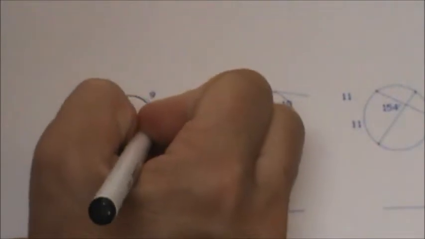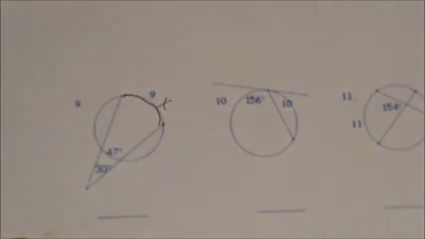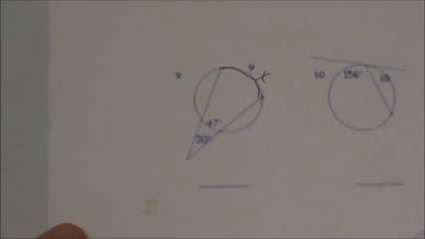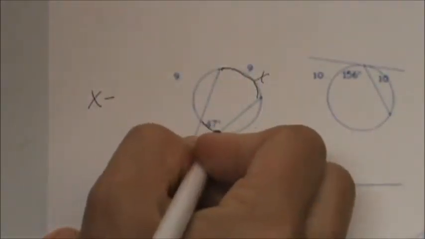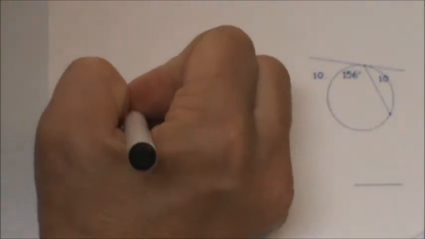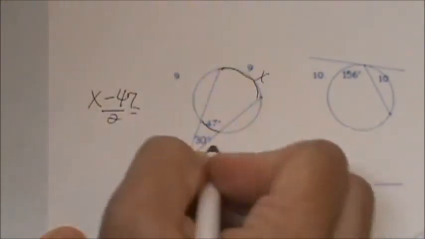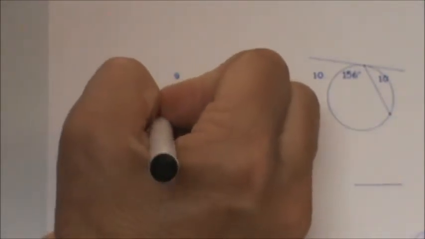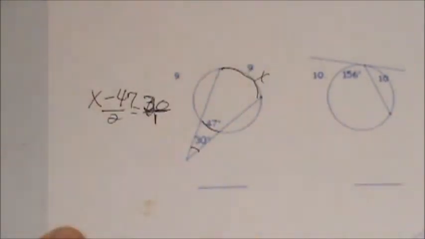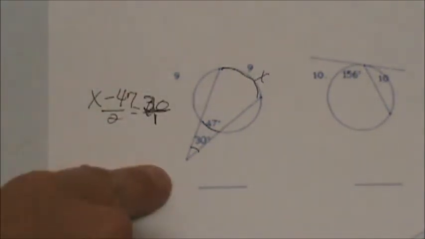So I'm going to call this arc up here X because it's my unknown. I'm afraid that we're going to get confused if I use a 9. So let's say X minus 47 all divided by 2 is equal to 30. Then remember we put a 1 under it and do a cross product.